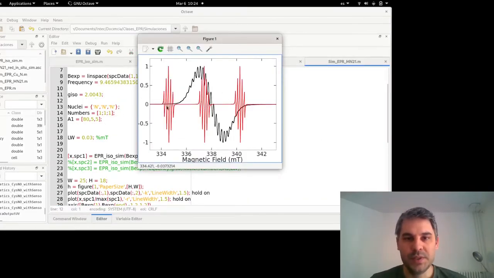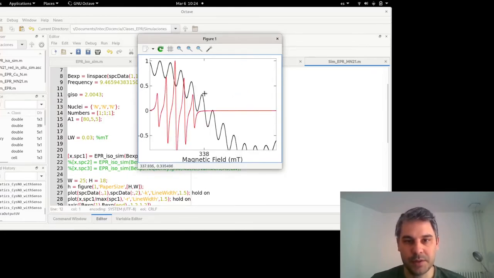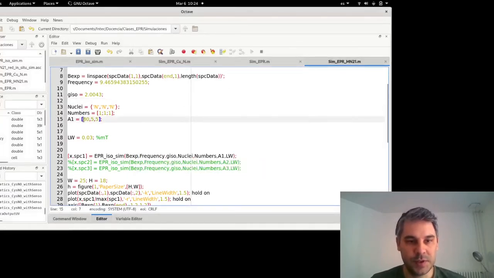So here we see that the hyperfine splitting, 80 MHz of one of the nitrogens is too large and the others are maybe okay. The small hyperfine splitting of the other nitrogens more or less matches the separation in the experiment. So let's reduce this. Let's put 5.